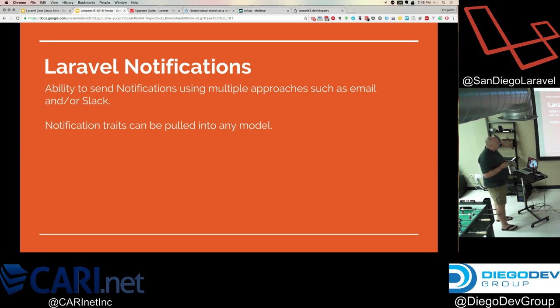You have the ability to send notifications through multiple avenues. Email's pretty popular. You can then send it to Slack. You can send it both email and Slack. There's SMS. I don't know which ones are built out of the box, but it's pretty easy to create your own. To do it is also equally as simple.